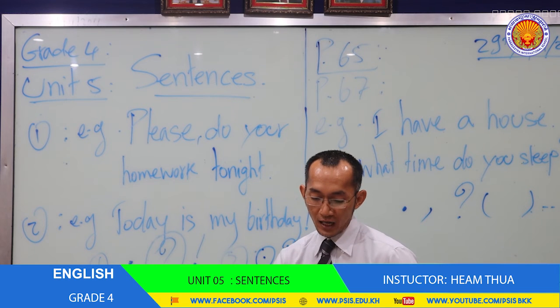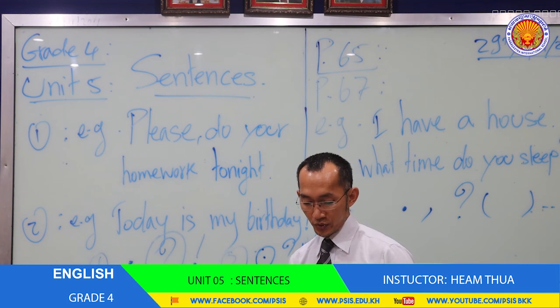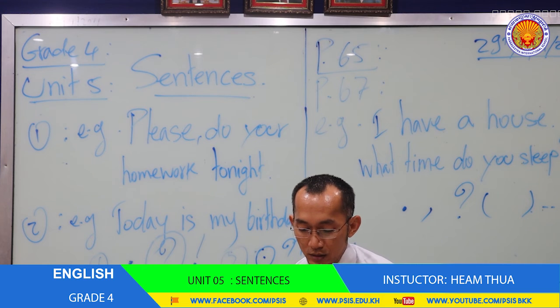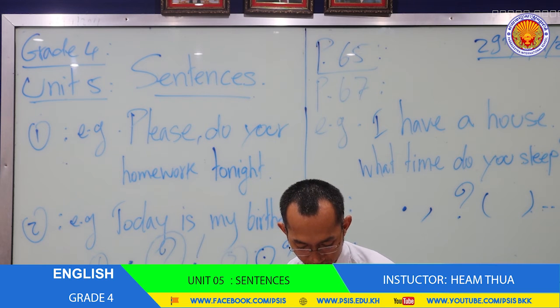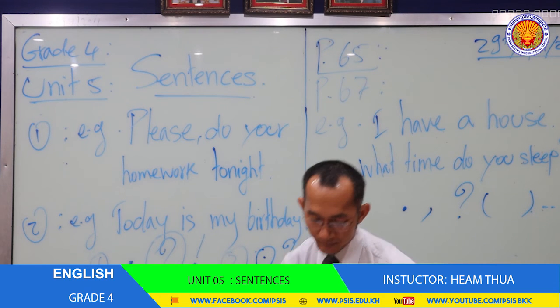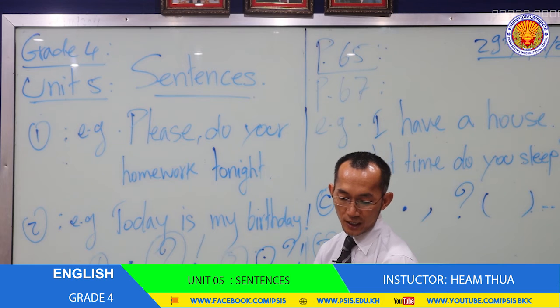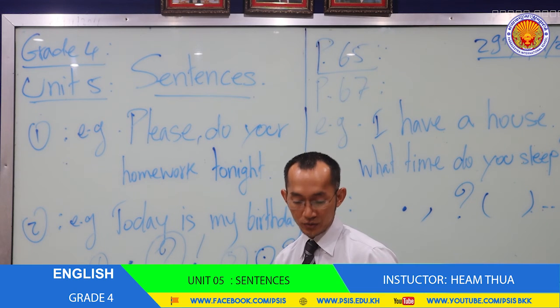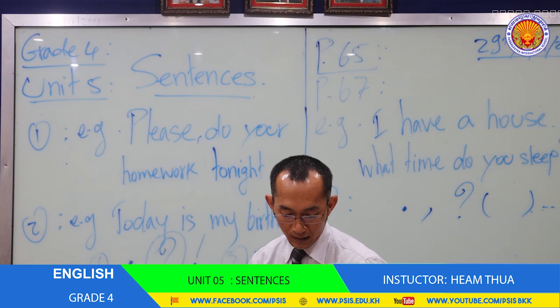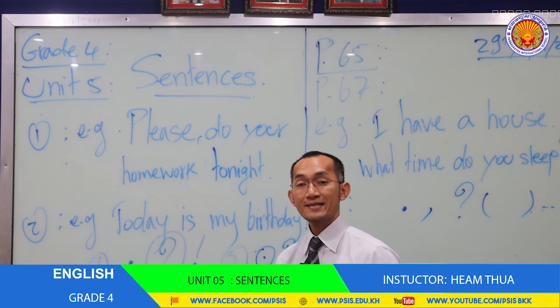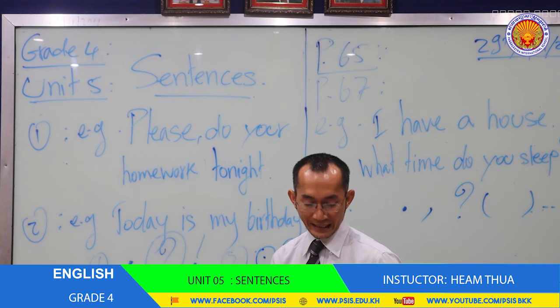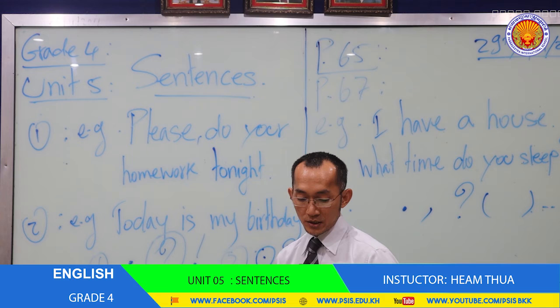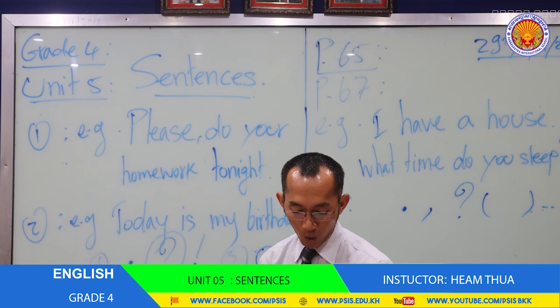Now, I would like to go on to page 69. They also mention the declarative and imperative too. Because they are the same between page 68 and 69, I just give you only homework.